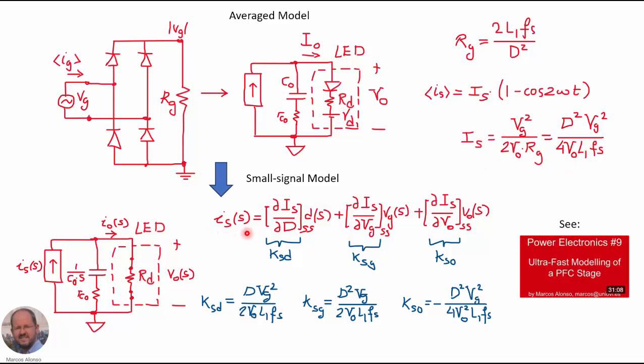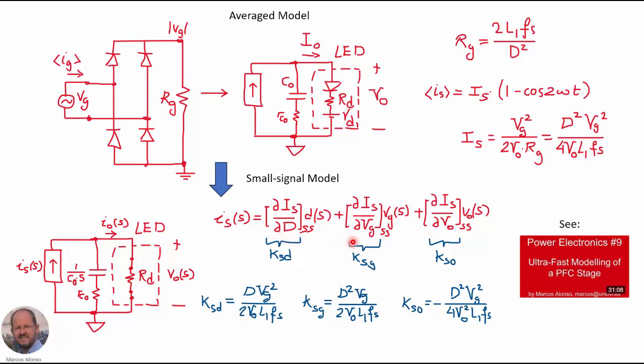So we can say that the changes in the output current are given by the different perturbations. We perturb with respect to the duty cycle, with respect to the input voltage, the peak line voltage, and also with respect to the output voltage. We have seen this also in this previous video, Power Electronics number 9, ultra-fast modeling of a PFC stage. So if you are not familiar with this process, please take a look at this video.